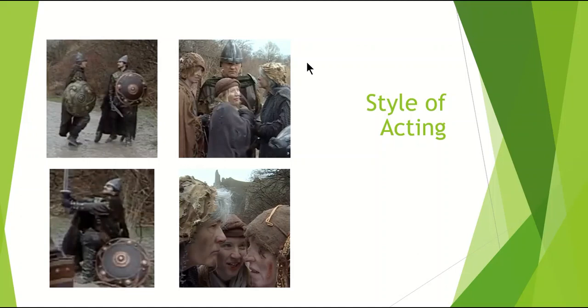Over here you see these three witches. They are very odd, and as you can see, they're kind of in his personal space. So that style of acting of being up front and a little weird shows the audience that these are peculiar, unique people.